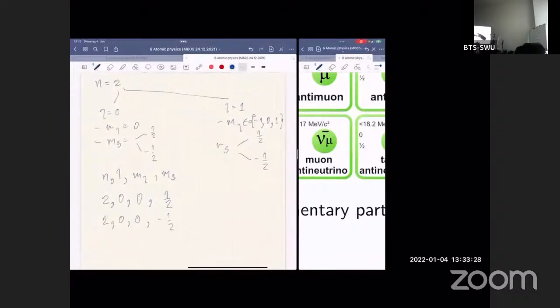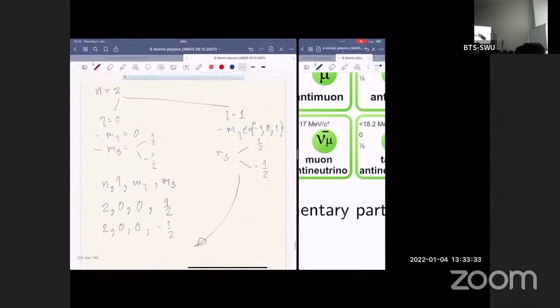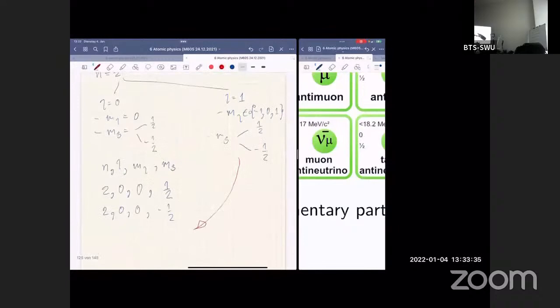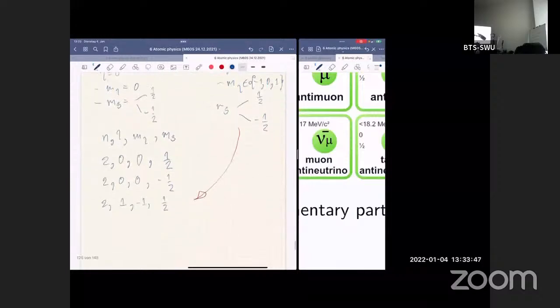But for the right hand side, we could have n equal to 2, and L is number 1, ML is -1, and you would have 1/2 for the first case. You have 2 for N, 1 for L, and ML is -1, and here the spin number is -1/2.